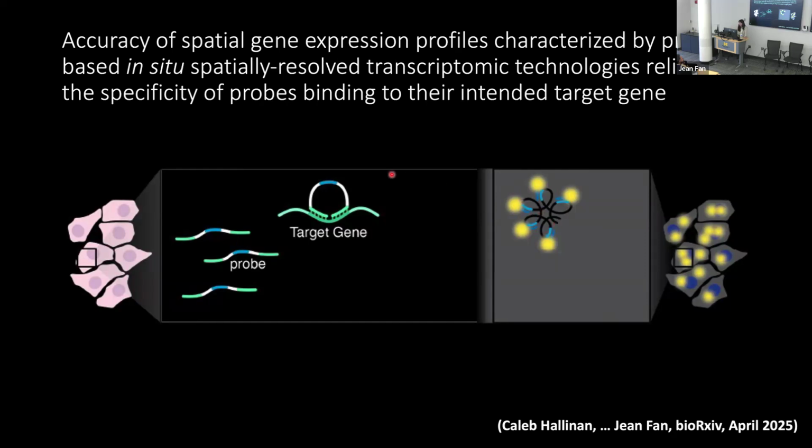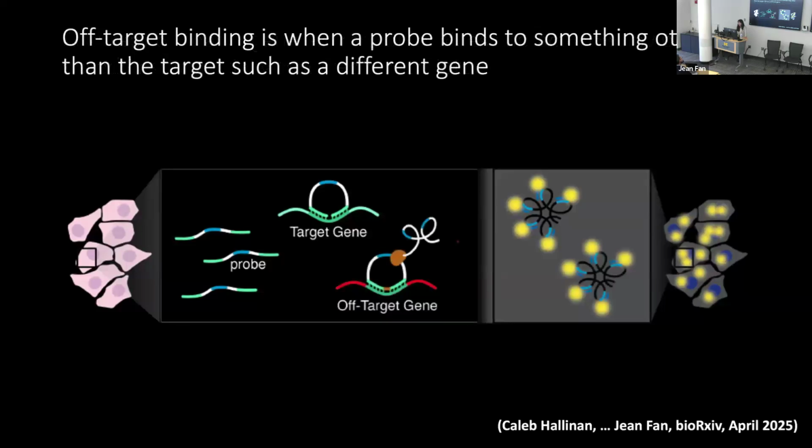It's worth keeping in mind, therefore, that the accuracy of the gene expression profiles that we're characterizing by these probe-based approaches really relies on the specificity of our probes to bind their intended target gene. And so that's where it becomes important to understand off-target binding.